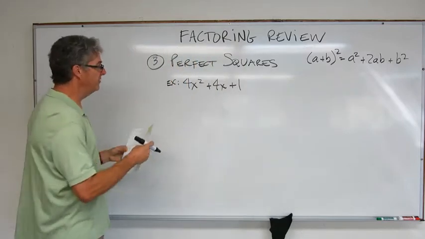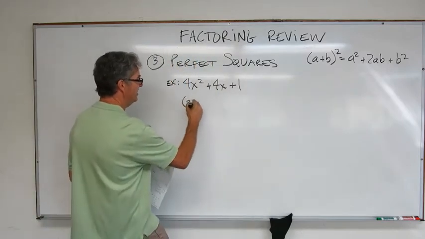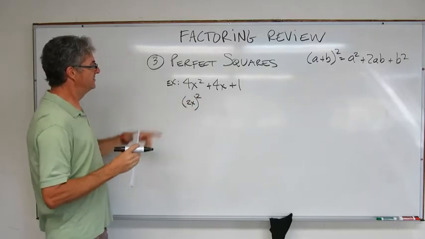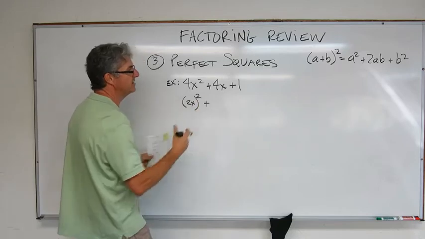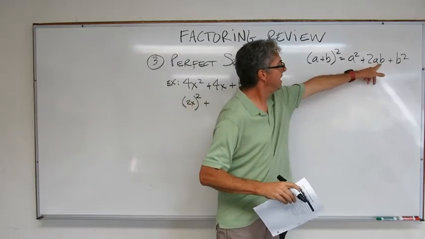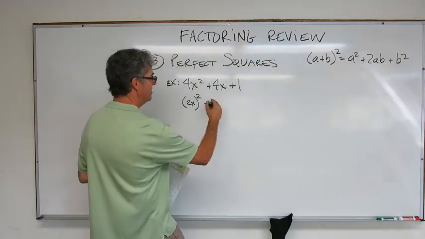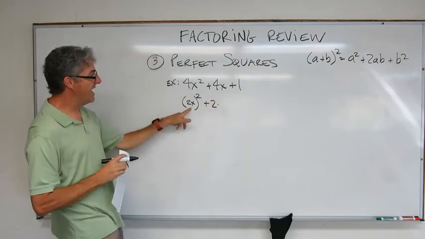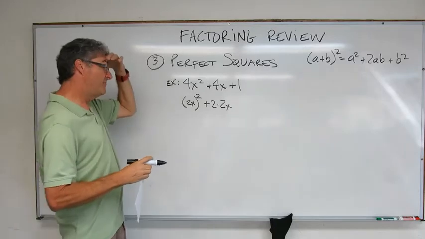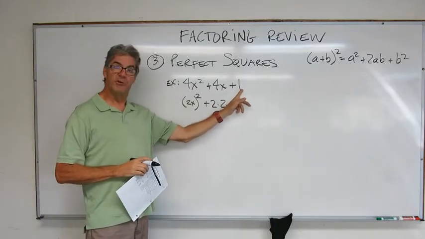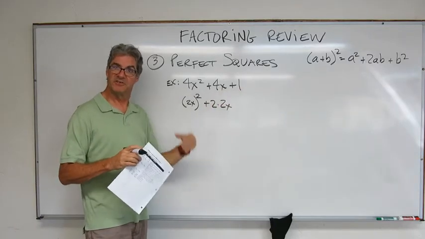And guess what? We can do that. This is 2x squared. So this gets us back to 4x squared. And then this one has to be written as 2 times a times b. So that's 2 times, now here's my a, 2x. Now my b is going to be the square root of this number, which is just 1.